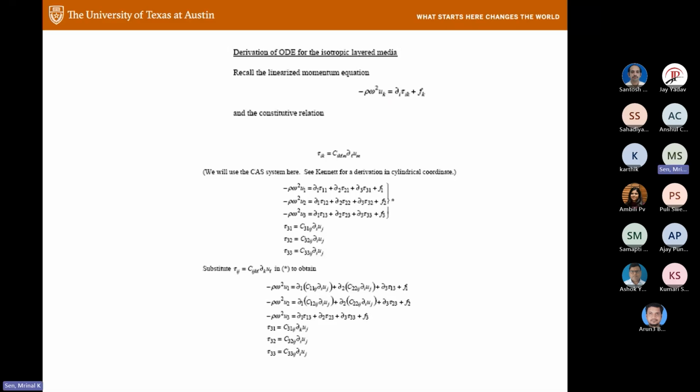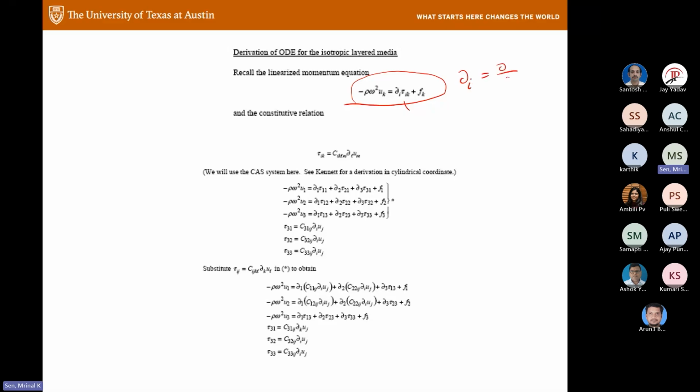So if I write it in individual components or in indicial notation, then we can write our Newton's second law of motion for the kth component of displacement here. And this is my stress. And there is a derivative with respect to del xi. So this basically means del i here means del xi.